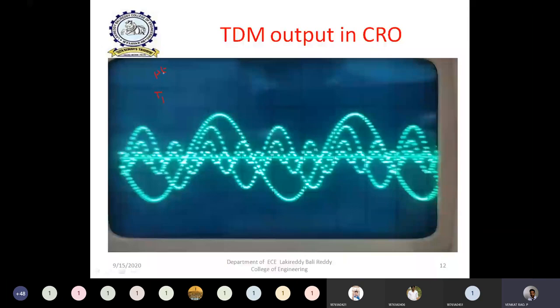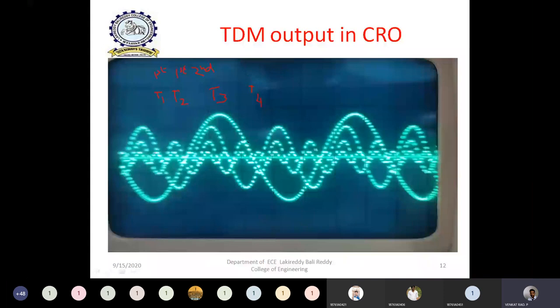Next, at time instant t2, the first sample of the second signal may be obtained. Similarly, at time instant t3, that is the next time instant, the first sample of the third signal will be obtained. Again at time instant t4, the first sample of the fourth signal will be obtained.